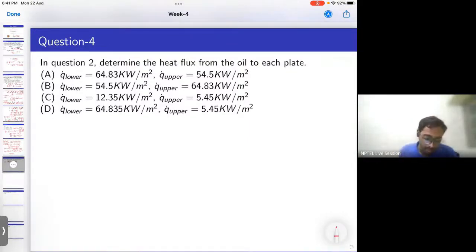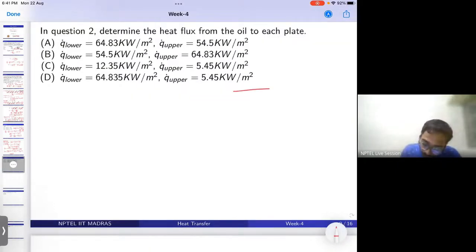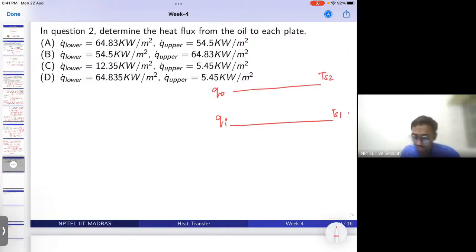Next, in the same question, the last part: we have to determine the heat flux from the oil to each plate. This is the top plate, Ts2, and this is Ts1. I am considering Q from oil to plate.